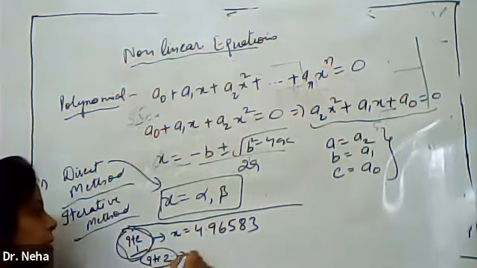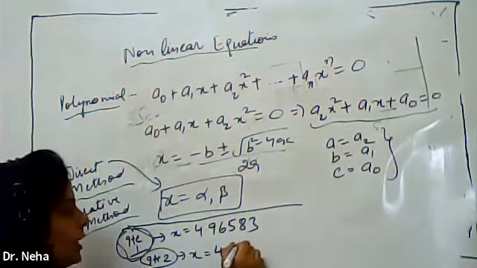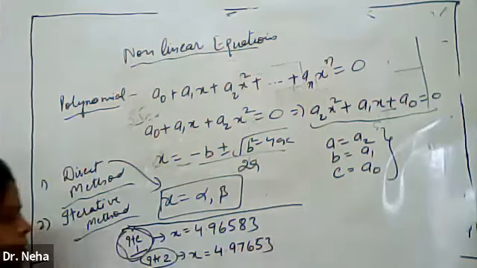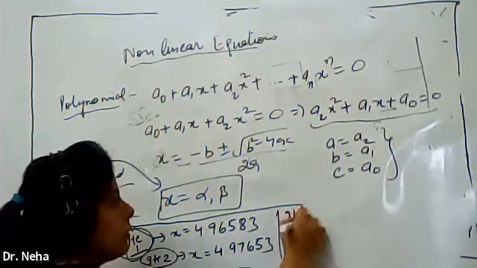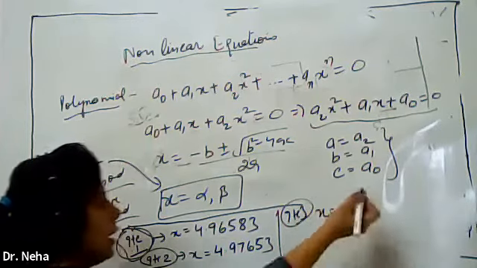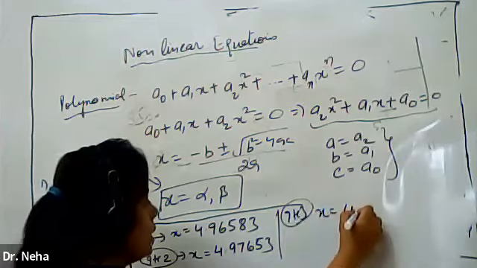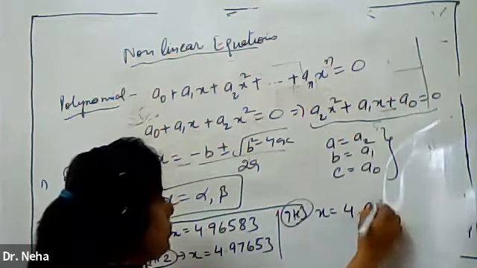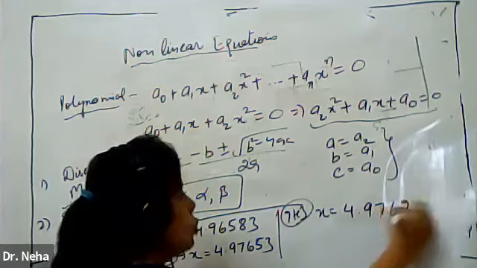Let us suppose after iteration number 2 our value became 4.97653. Again we apply the formula, which is iteration number 3, and let us suppose we got the value of x as 4.9762.